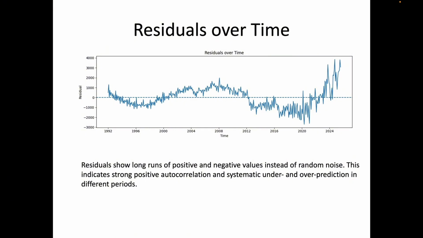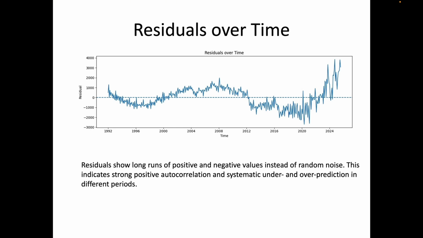And about the residuals over time, so what is this chart? The residuals are plotted against time with a horizontal zero line. The residuals are not randomly scattered around 0, and this shows long runs of positive or negative values.